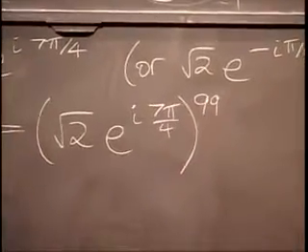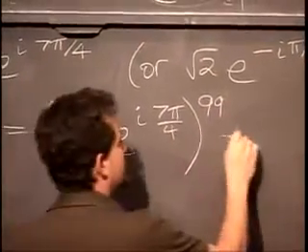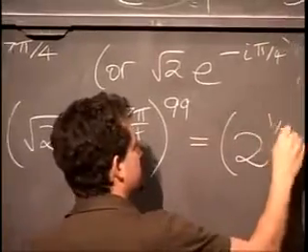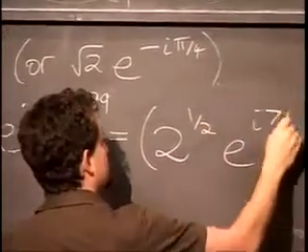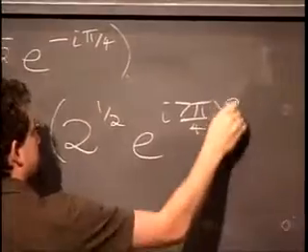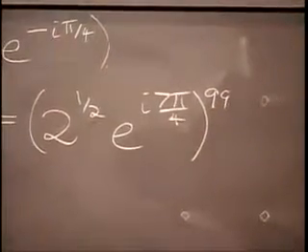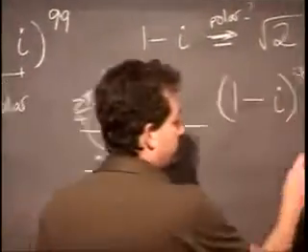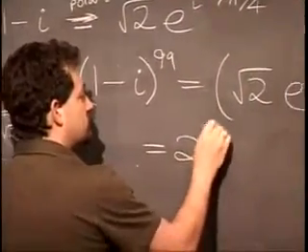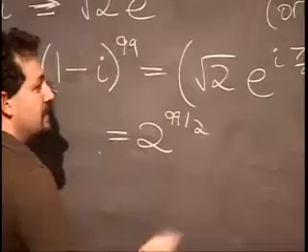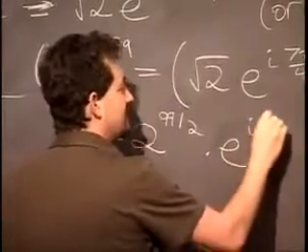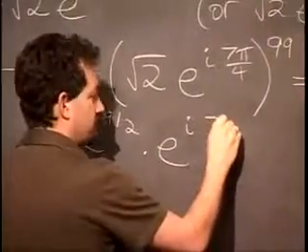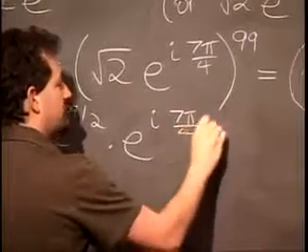And I guess I'll write the root 2 as 2 to the half, just to be pretty about it. So I get that expression there. So this is equal to 2 to the 99 over 2 times e to the i 7 pi over 4 times 99.